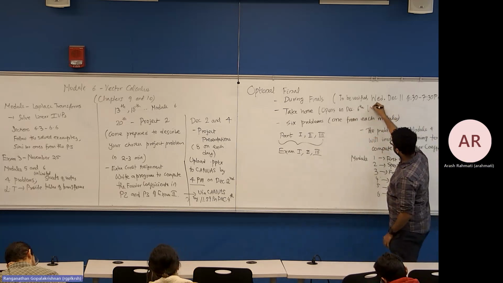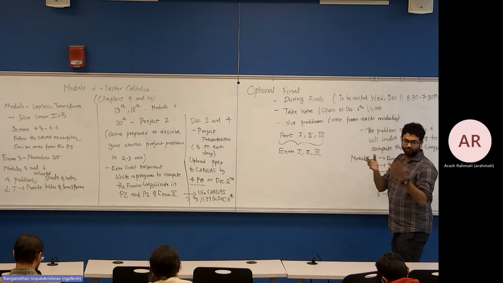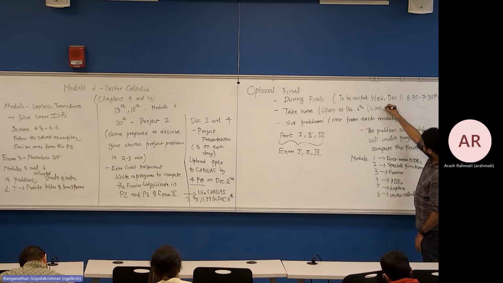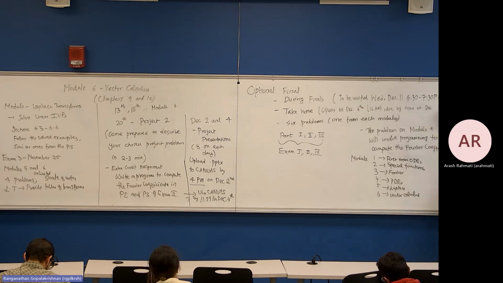Let's say at 12 a.m. at midnight, I might post it a few hours earlier too. But from midnight on December 6th, 7th, 8th, it's due by noon on Monday, December 9th, via Canvas.